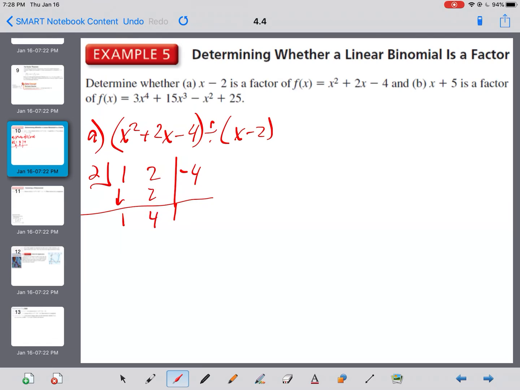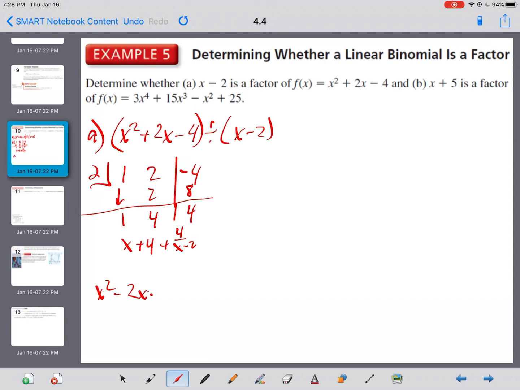That makes 4. And 2 times 4 is 8. And that makes 4. So that would be x plus 4 divided by x minus 2, which would tell me it's not a factor. And we could prove that.